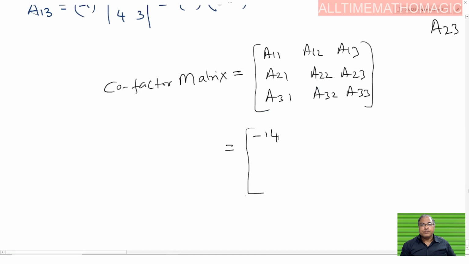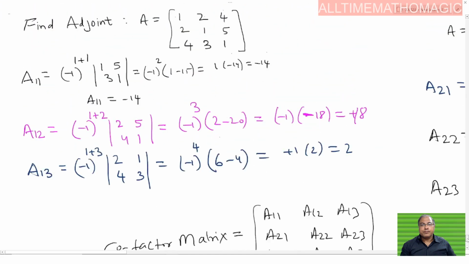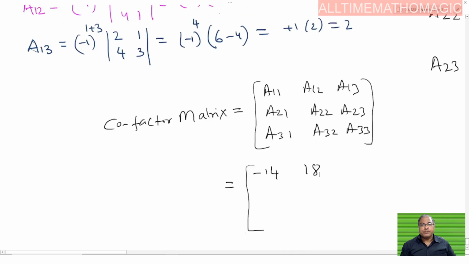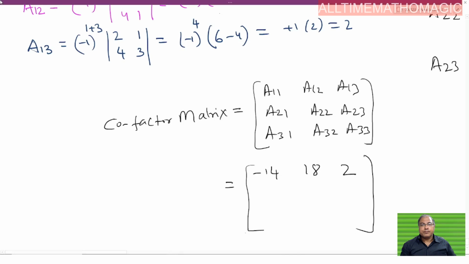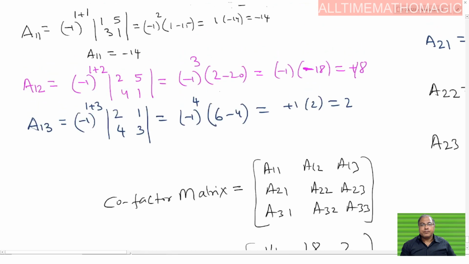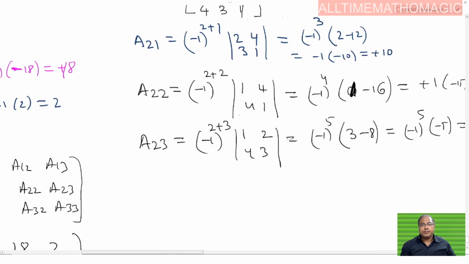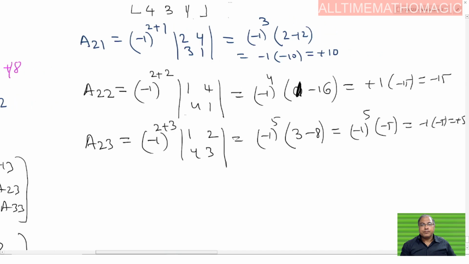What is the value of A12? The value of A12 is nothing but plus 18. So we write here plus 18. And what is the value of A13? A13 is nothing but 2. So we write here the 2. And after that, what is the value of A21? A21 is nothing but 10. A22 is nothing but minus 15.